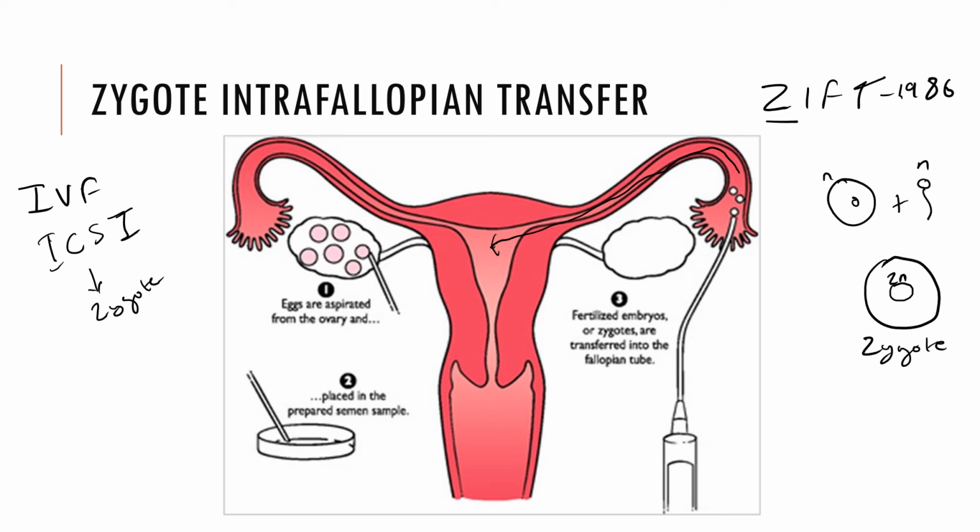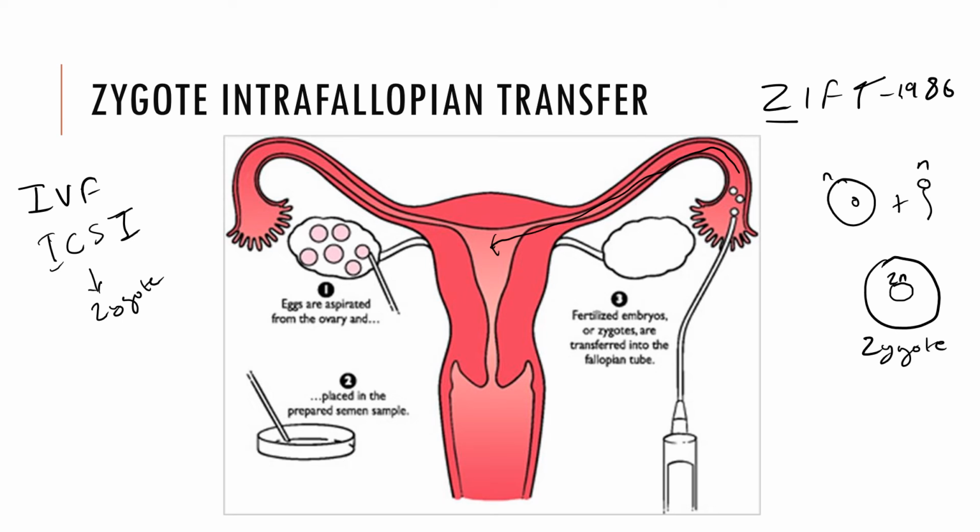Now, the same thing happens here also, to give more of a guarantee to the patient that the problem of infertility will be solved and the patient will conceive a baby. More than one zygote is released in the fallopian tube, so that at least one of them will successfully implant itself in the uterine wall.